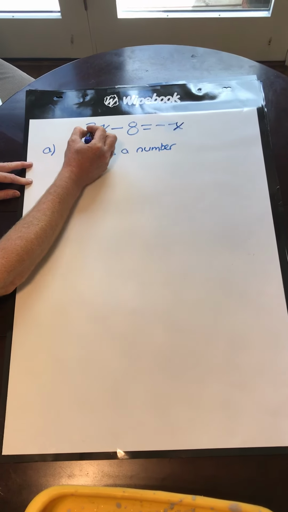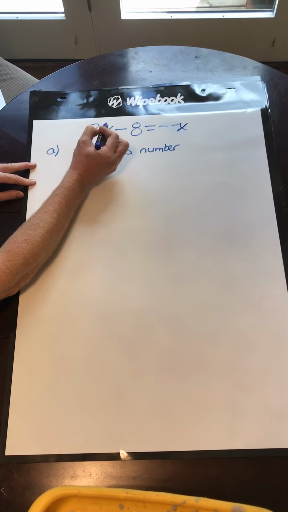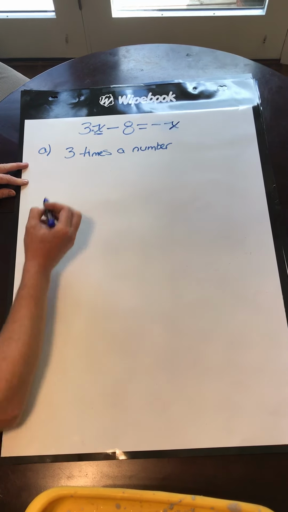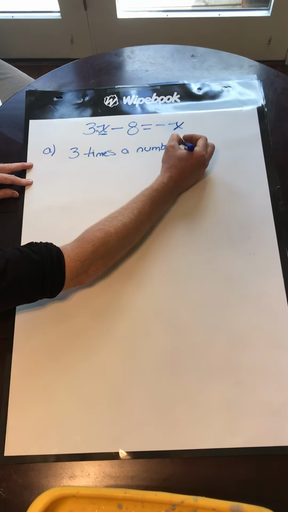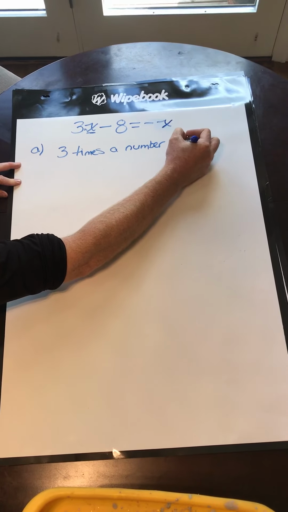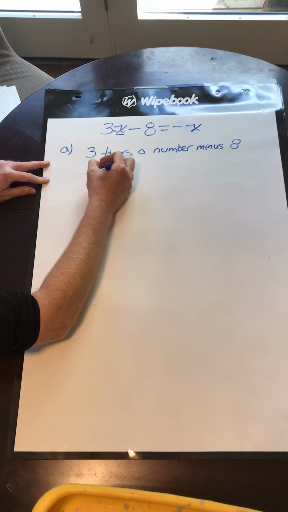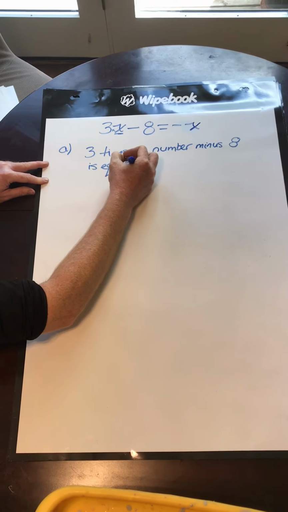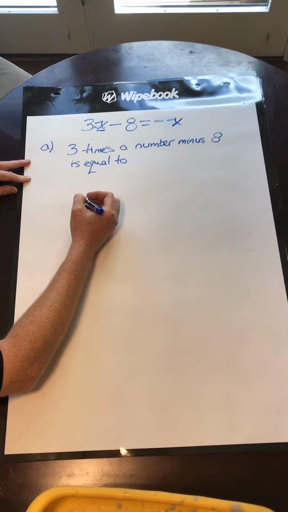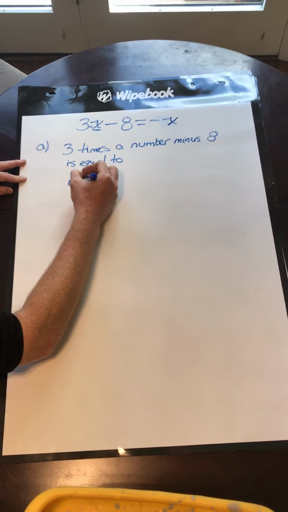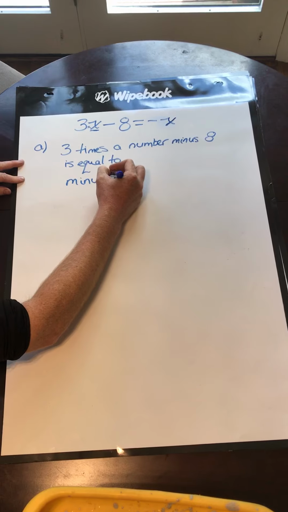Remember that there's an itty bitty multiplication sign in there because this is an italicized x. 3 times a number minus 8 is equal to minus the number.